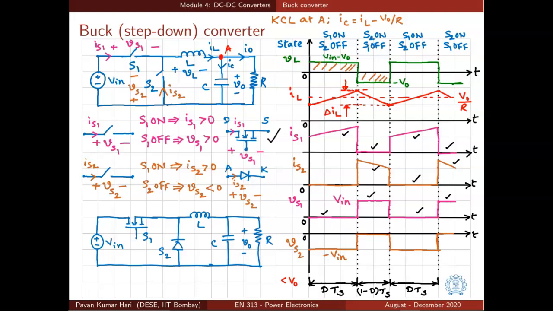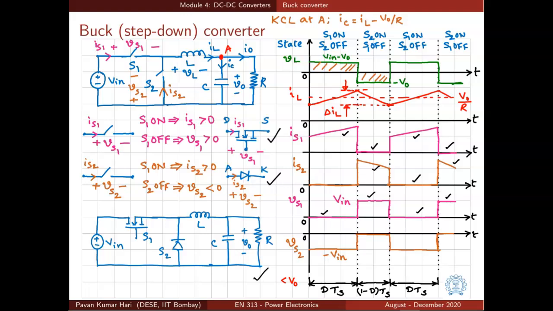And how about S2? When S2 is on, IS2 is positive, but when S2 is off, the voltage across the switch VS2 is negative, so naturally a diode becomes the choice. The resulting circuit for a buck converter realized using practical switches is shown here.